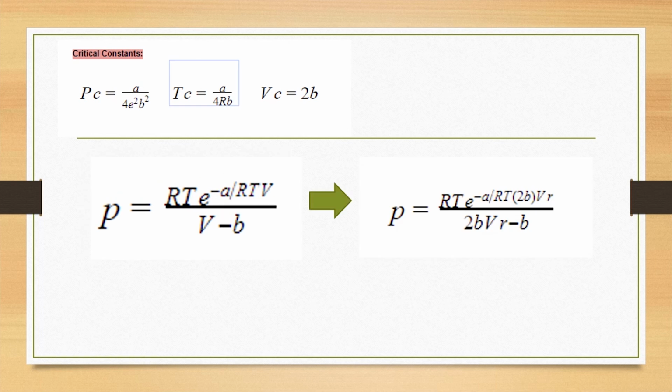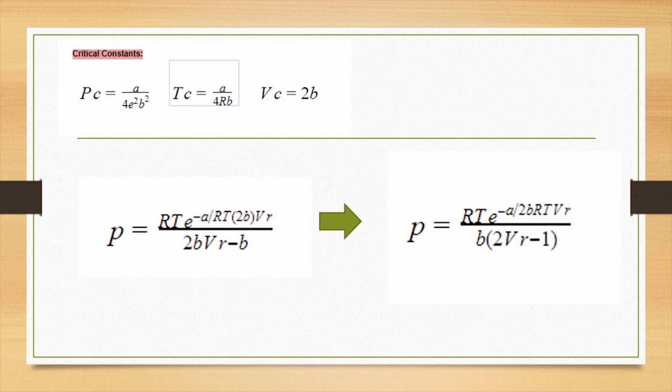Since the volume is equal to the critical volume, which is equal to 2b, we now substitute 2b for the volume, which gives us the new equation on the right. And we can factor out the b in the denominator, so we have a simplified form of the equation. After we factored the b in the denominator, we have the new equation on the right, which gives us b times 2bR minus 1.